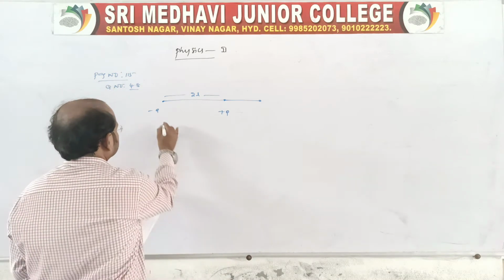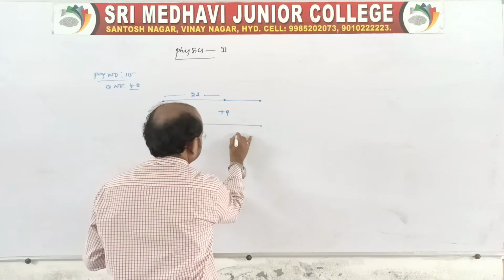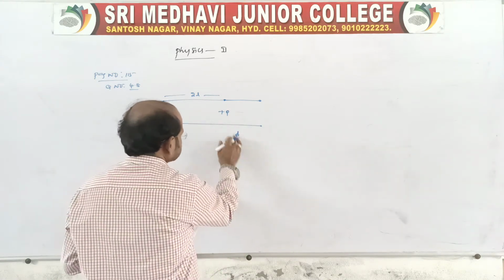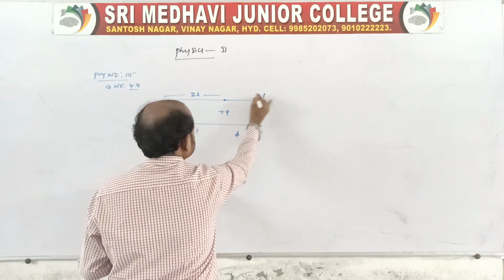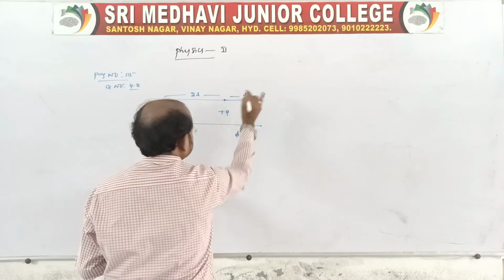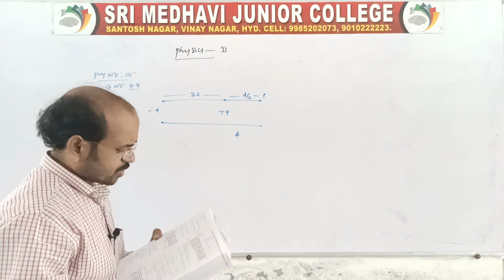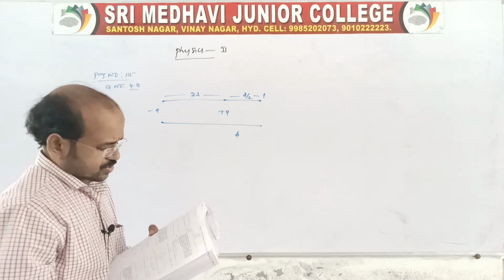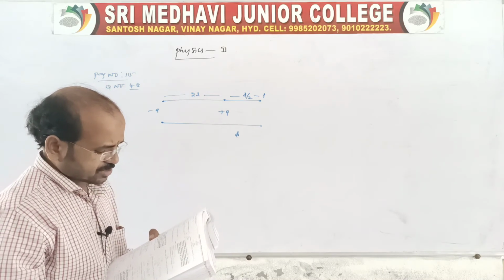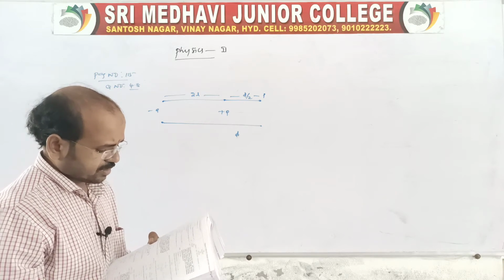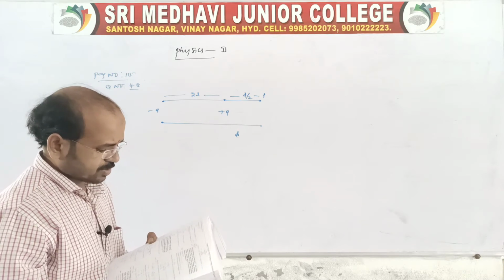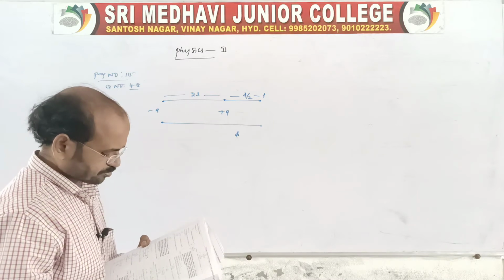So it is given as d by 2 from plus q, and d from minus q.